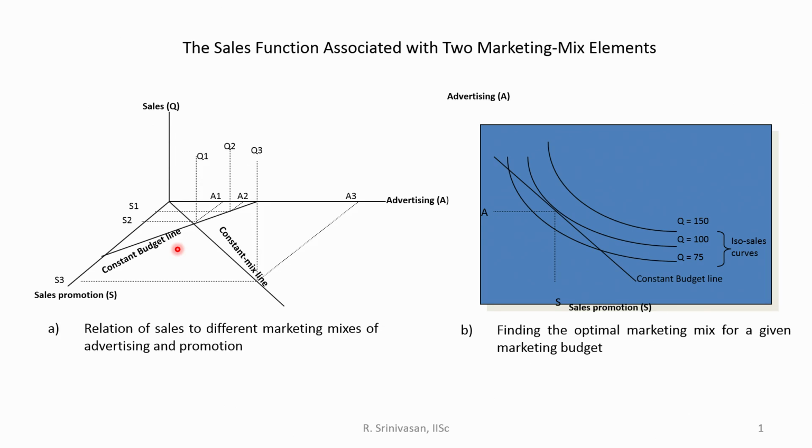Now, all this could also be represented by a 2-dimensional graph, that is, you have advertising on the y axis and sales promotion on the x axis. Now, you draw the 3 sales curves, that is, q equal to 75, q equal to 100 and q equal to 150.